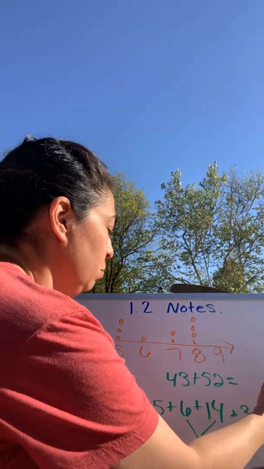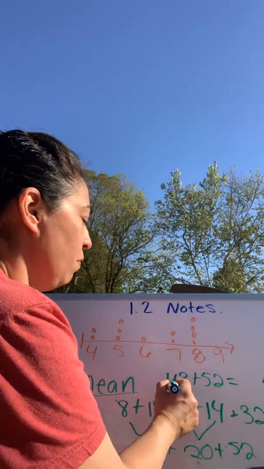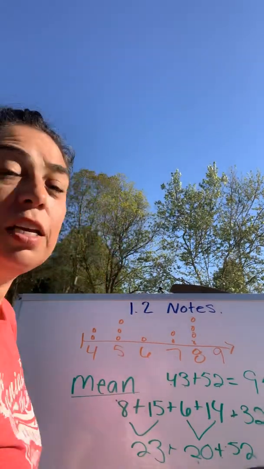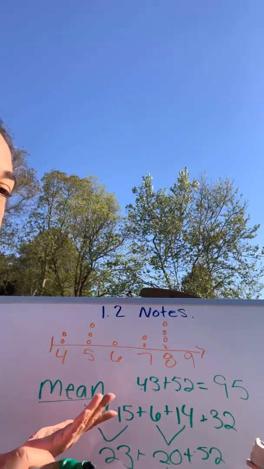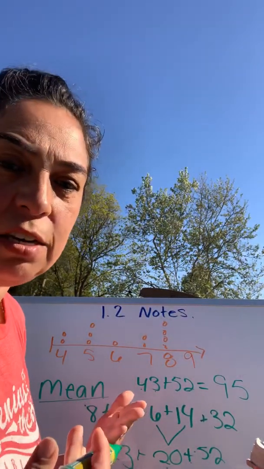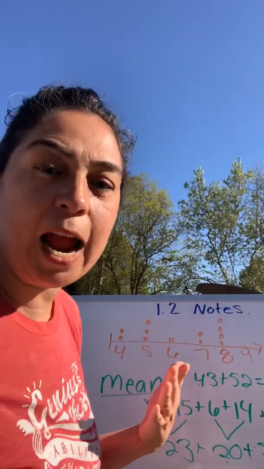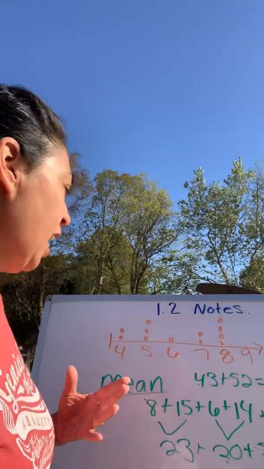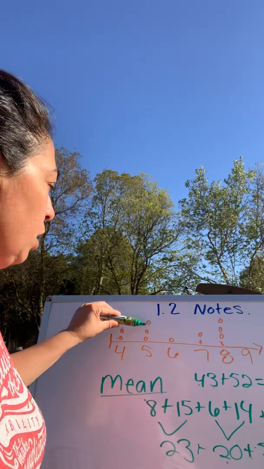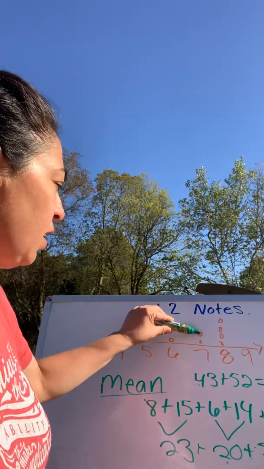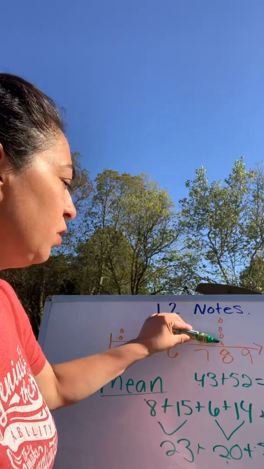3 plus 2 is 5. 4 plus 5 is 9. So I have a total here of 95. But to find the mean, I need to divide it by how many pieces of data I have. So now I'm going to go back. 1, 2, 3, 4, 5, 6, 7, 8, 9, 10, 11, 12.